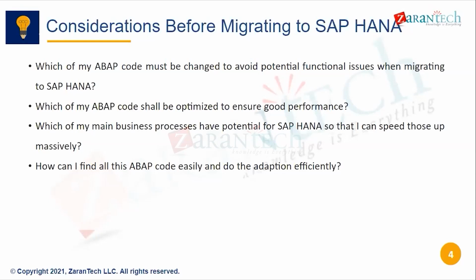The real problem that comes to our mind is what happens to the existing custom code and existing functionalities. Which of my ABAP code must be changed to avoid potential functional issues when migrating to SAP HANA?